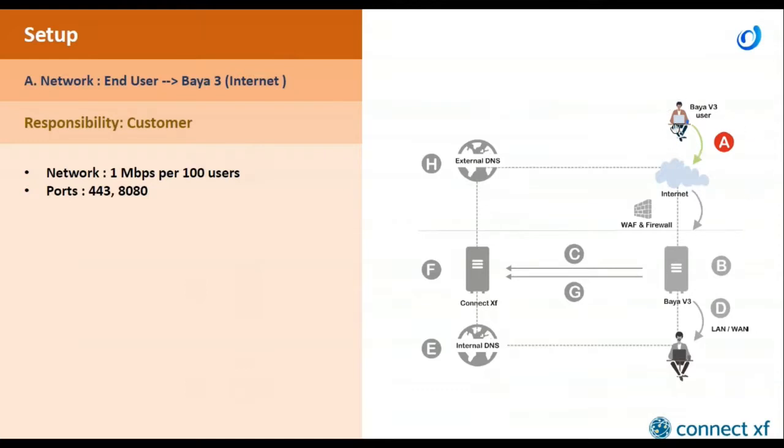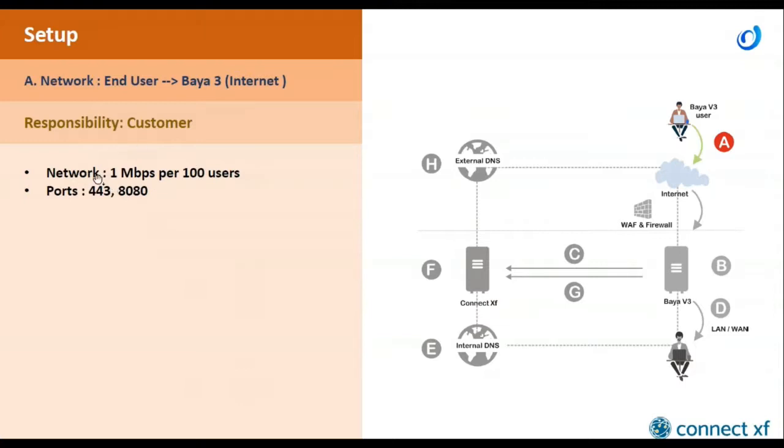Connection point A is about the network from the end user to BIA 3 over the internet. This is the end user who has logged into BIA 3 webmail over the internet. This is the connection point where the customer has to provide the network.